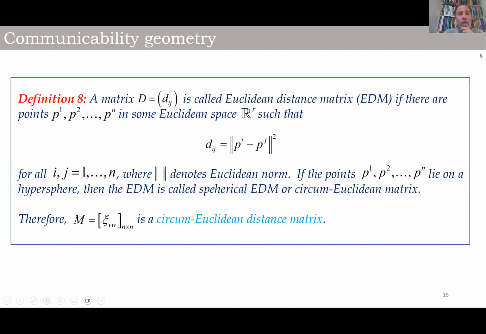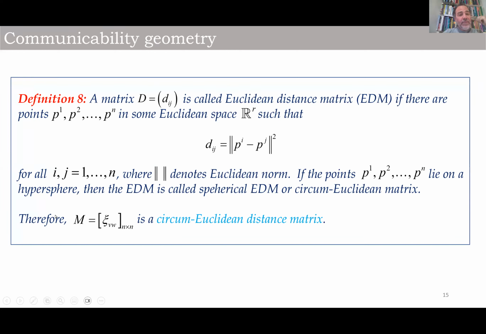So in matrix theory, linear algebra, we have a concept which is a Euclidean distance matrix, which is called the EDM. And we call an EDM, and sometimes this produces some confusion, a matrix such that the entries of this matrix correspond to the square of the Euclidean norm in a given Euclidean space. If these points furthermore lie on a hypersphere, we call this EDM a spherical EDM or Circum-Euclidean matrix.